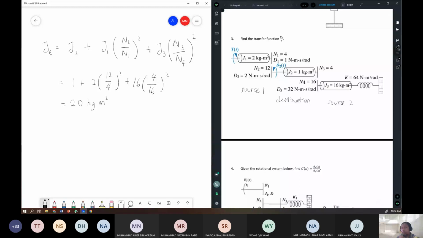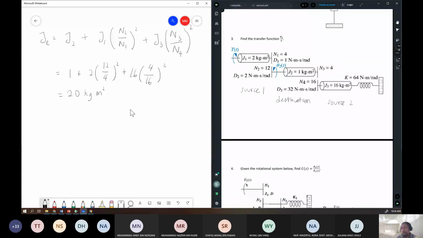Then similarly, we calculate for the damper, in this case the friction. D1, D2, and D3 represent the friction in the gears. D1 is friction for gear N1, D2 is friction for gear N2, and D3 for friction gear N4. D2 is already on the middle shaft, so you don't have to transfer the friction.